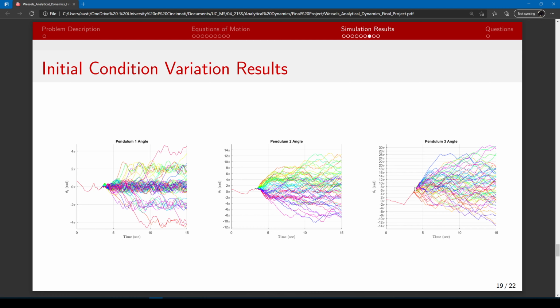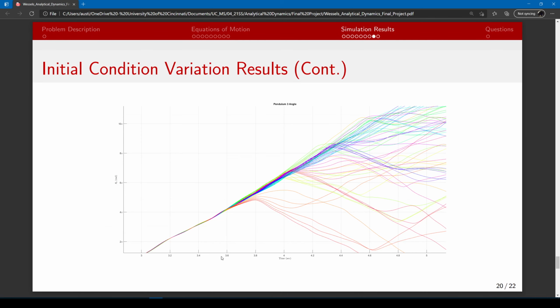So let's look at theta 3. Let's zoom in on this plot where they start to diverge. This is a span from second 3 to second 5, so a 2-second span of time, and the pendulums diverge.